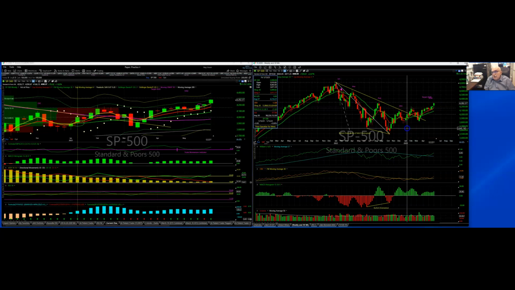So on January 13, we got a signal from this setup to buy the market, buy the S&P. And you can see we never crossed back below the 30.